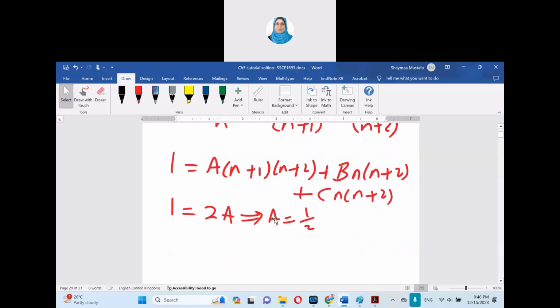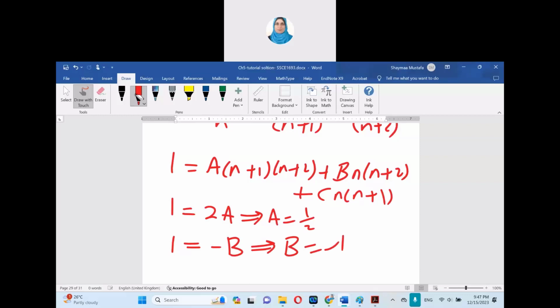Take n equal to minus 1. So two terms will be cancelled. So you have 1 equal to minus B, which means that B is minus 1.